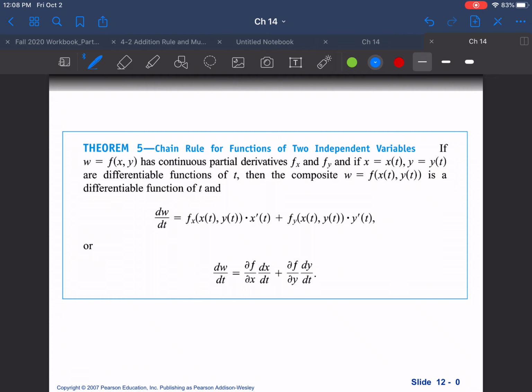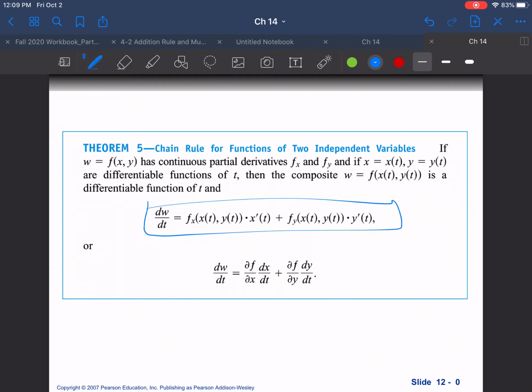In other words, we can go through and replace x and y with t and make w totally into a function of t, and therefore we should be able to take the derivative of w with respect to t. And we can do this by simple matters of the chain rule. And so you can see the two versions of it there.